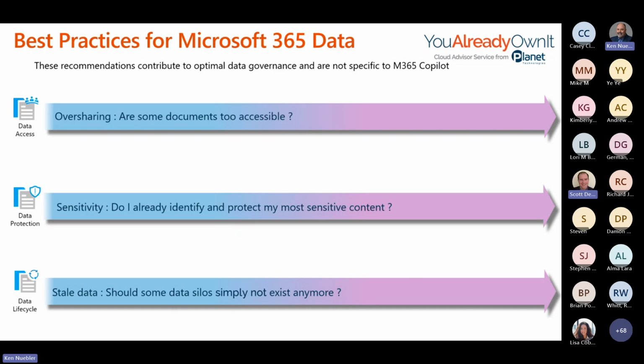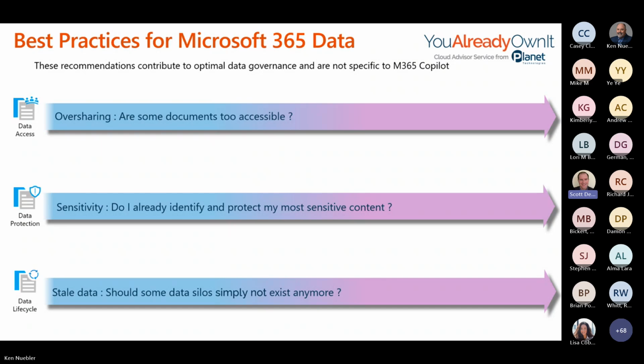So one of the things that you want to look at is really three core tenets from that perspective. And really what it comes down to are the three questions that we're going to ask. From a data access perspective, one of the key things that we want to be looking at and ensuring is we aren't oversharing data.